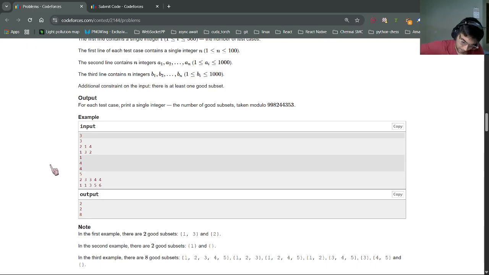I think for a pair, the maximum value, and for the other pair, the minimum value should be in a greater-than relationship, right?